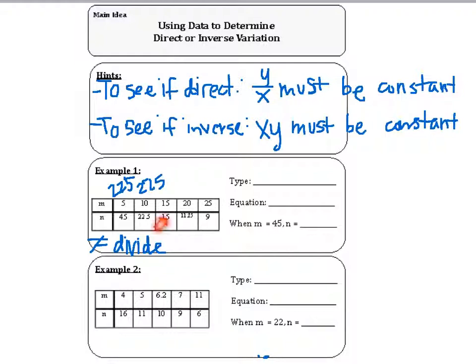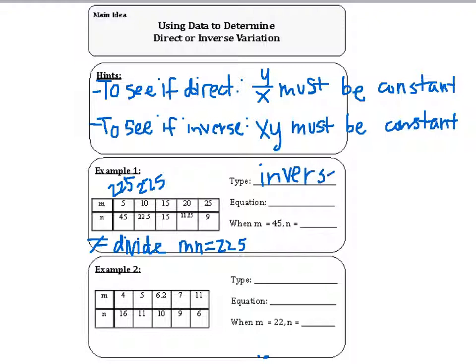And if you did 15 times 15, that's 225. 11.25 times 20 is 225. 9 times 25 is 225. So if we do m times n, that equals 225. So what type is it? Well, we said if you multiply them and it's constant, it's inverse variation. So the type is inverse.